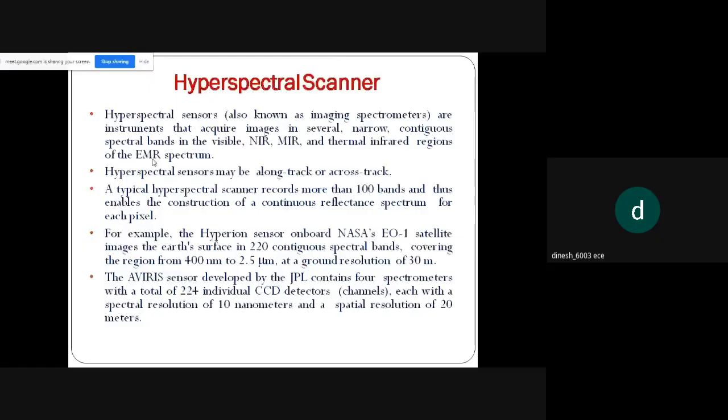For example, a Hyperion sensor on board NASA's EO-1 satellite. The Earth's surface is having contiguous spectral bands of 220, covering the region from 400 nanometer to 2.5 micrometer at a ground resolution of 30 meter.